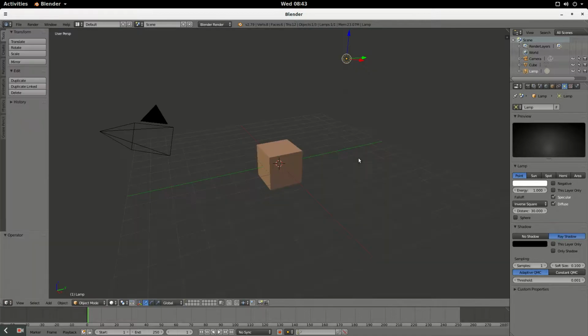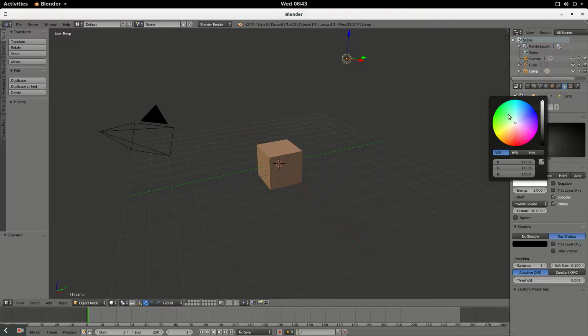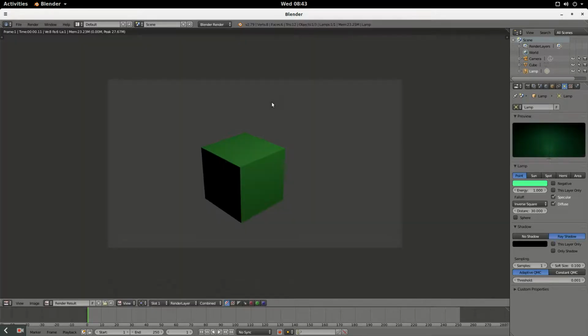Okay. The other thing I want you to notice about the light itself is the render looks like this, light brown or orange, whatever you call it, because the light is predominantly yellow, white light in here. But if you change the color to something else, to make it, let's say, a green light, the color of the render will be different.